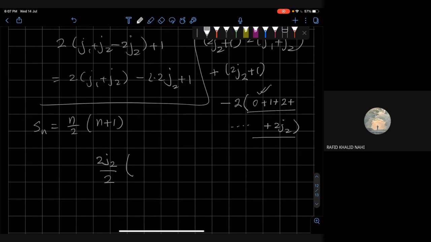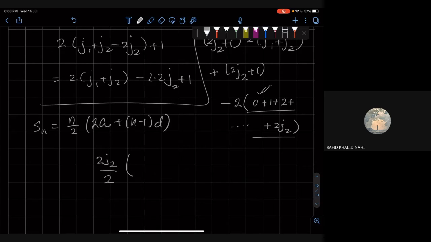Okay, let me just look that up. Some formula. I always forget this. Yeah, I found it. S of n is equal to n by 2 times 2a plus n minus 1 d.